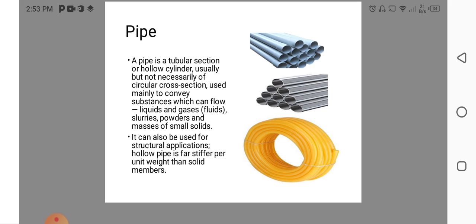Here are shown some figures of pipes of different materials. A pipe is a tubular section or hollow cylinder, usually but not necessarily of circular cross section, used mainly to convey substances which can flow. You can say it is a liquid or gaseous substance which can flow from one place to another.